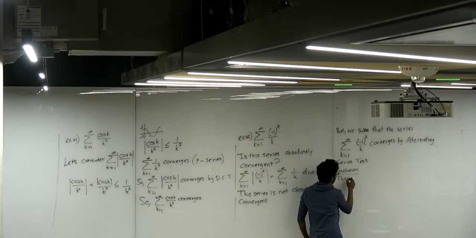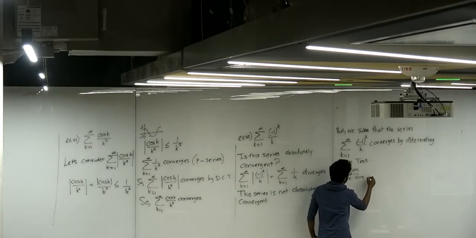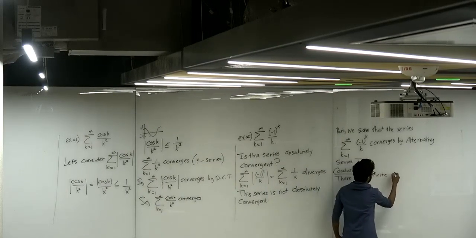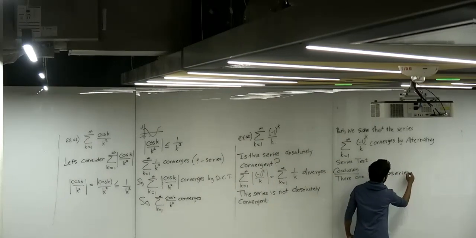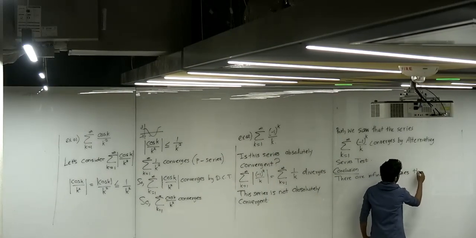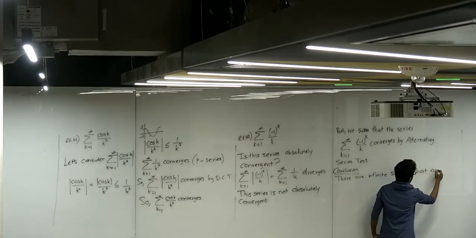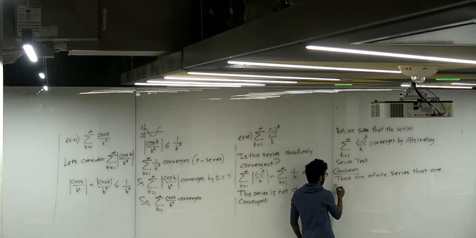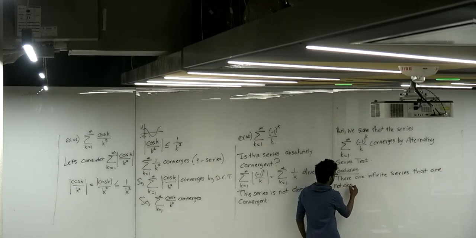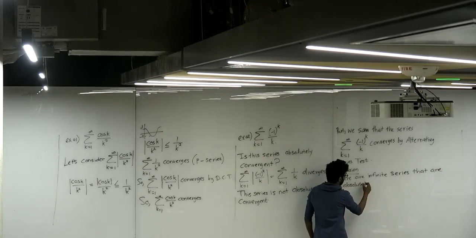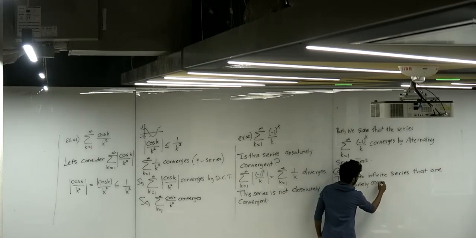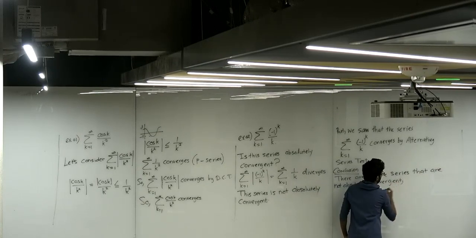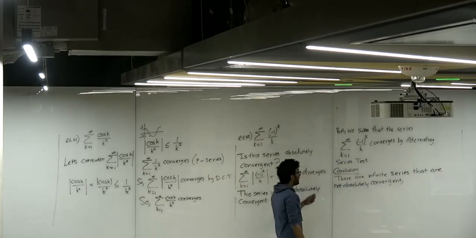The conclusion is there are infinite series that are not absolutely convergent, but they are convergent.